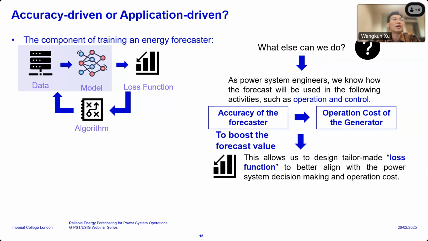Therefore, there is another direction for forecasting: instead of purely maximizing the forecast accuracy, how about we improve the value of the forecaster, which is associated with any activities we would like to define. And in this situation, what we would like to do is to design some tailor-made loss functions that can better align with the power system decision-making and of course the associated operation cost.